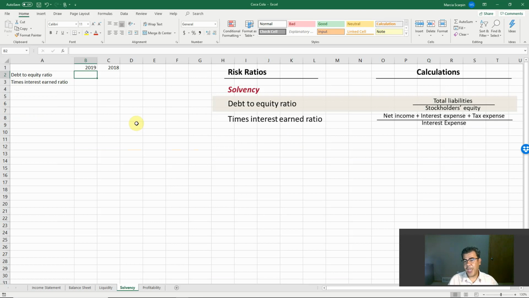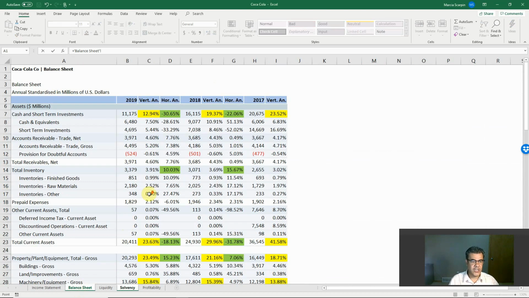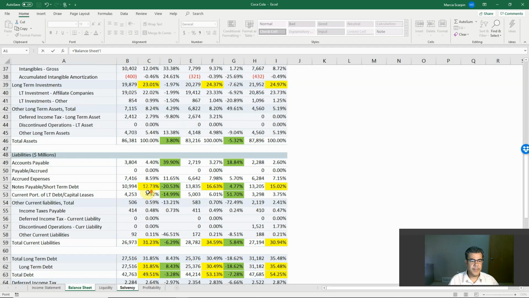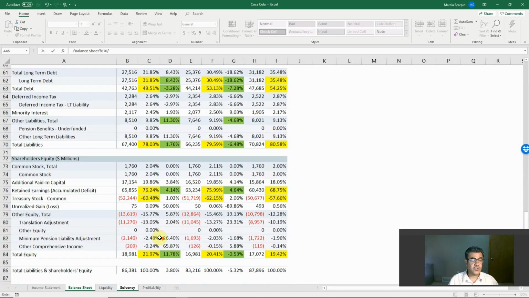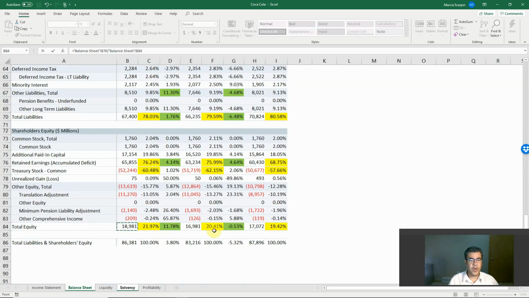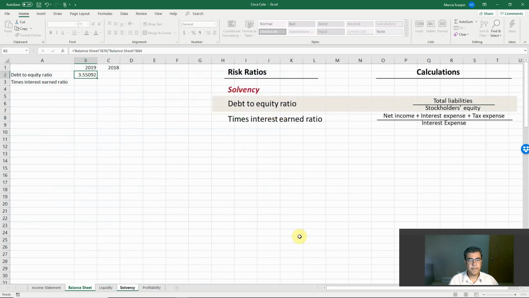Okay. So debt to equity ratio: total liabilities, balance sheet, total liabilities, divided by total stockholders' equity or total equity here. 3.55. We have much more liability than equity for Coca-Cola.